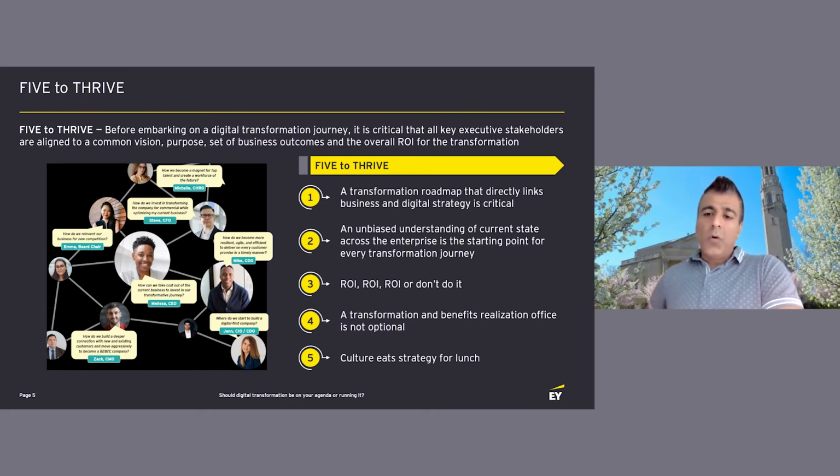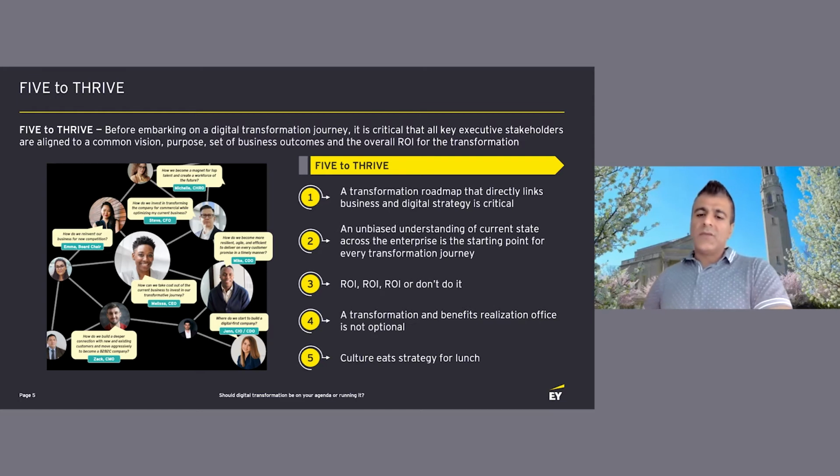Second, most companies lack an unbiased understanding of their current state and maturity. Just like any journey, you need to know where you're going and what your starting point is. Most companies don't have that clear picture across the entire enterprise, and that's why their roadmap typically is not realistic.